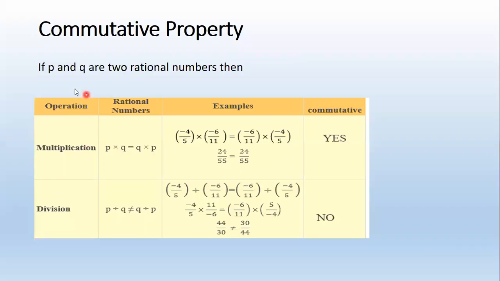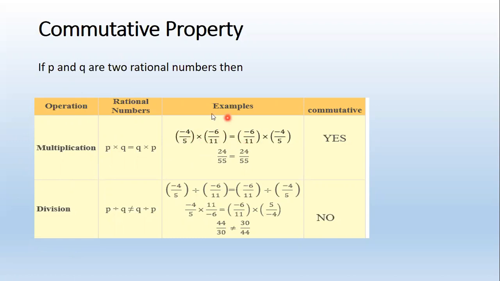Next, we are seeing commutative property for multiplication and division. First, multiplication. That is P into Q is equal to Q into P. We'll see with the example. I have taken P value as minus 4 by 5, and Q value as minus 6 by 11.